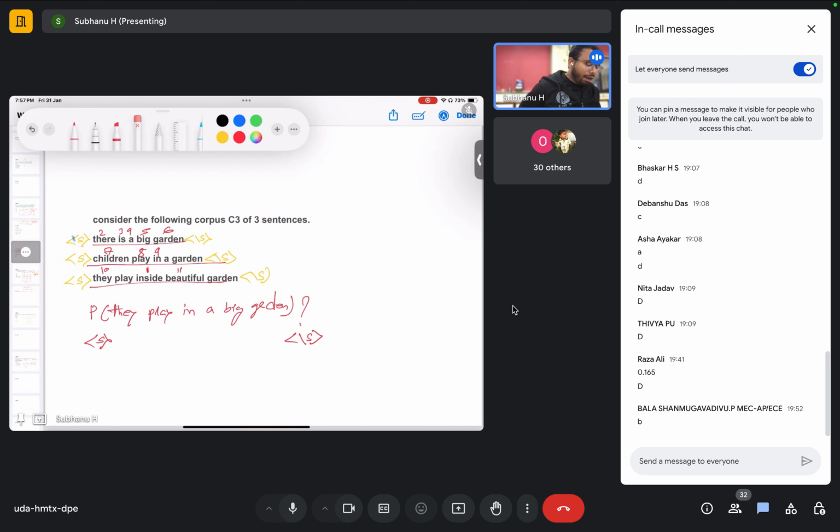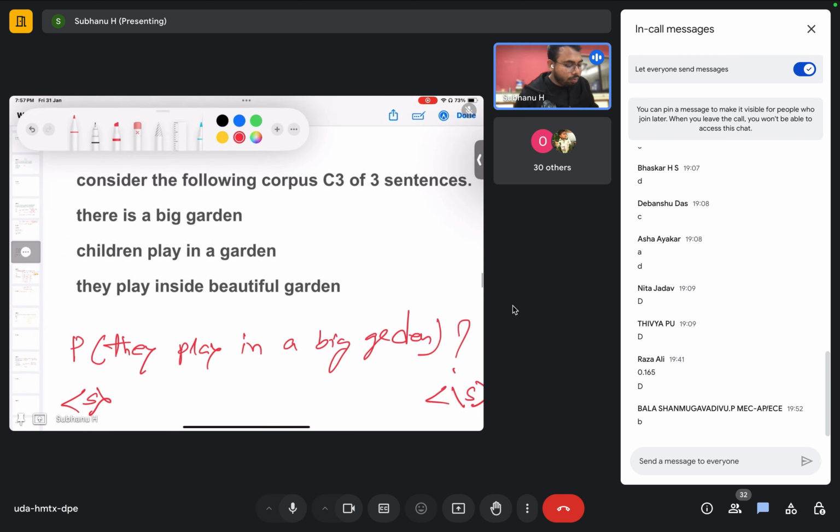Okay, so in bigram, how are they doing this? Basically, they are calculating the number of vocabulary, the unique number of vocabulary. So what is mod V? We can find it from the corpus. 1, 2, 3, 4, 5, 6, 7, 8.